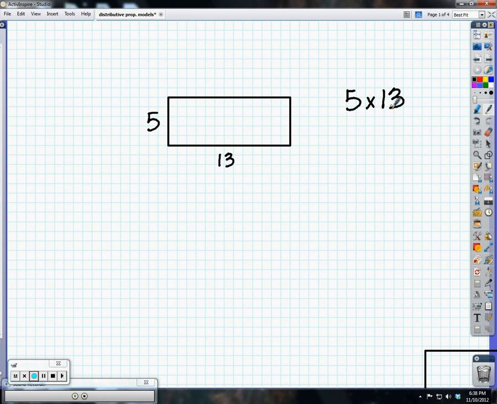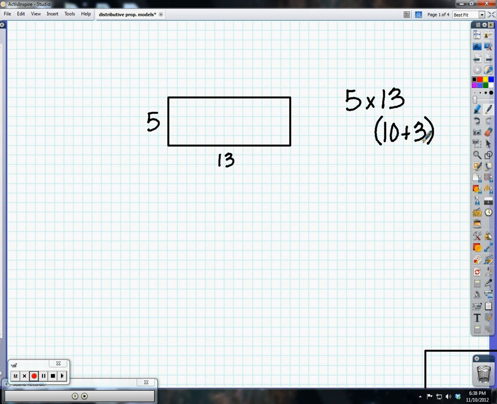So, for example, if we take 13 and break it down into an addition problem, we could think of it as 10 plus 3. Now, the sum of 10 plus 3 is still 13, so I really haven't changed the value.